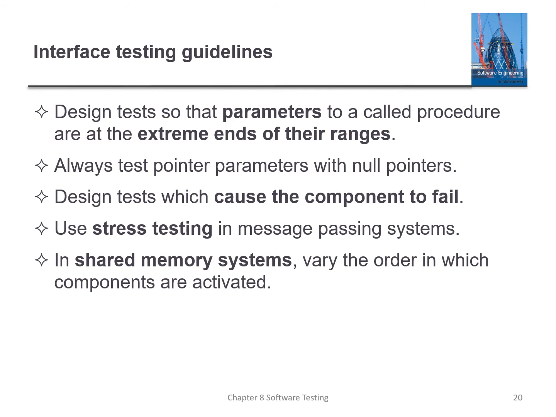You use stress testing, you pass messages in a high volume. And we mentioned shared memory systems just now, right? So we try to test by putting the ordering of components accessing the memory in a different order, so you see what will happen.